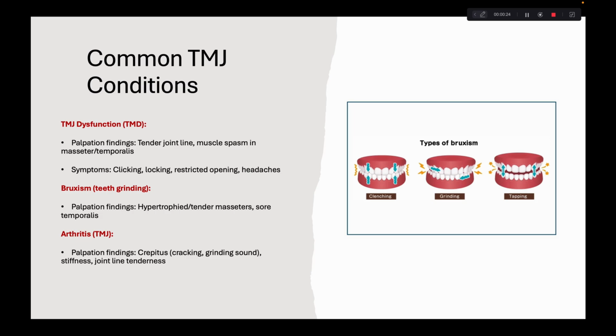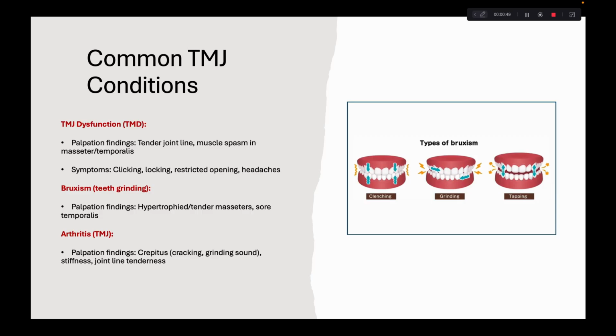Remember, a lot of TMJ dysfunction also causes tension in the neck and head muscles. Then we have bruxism. That is a fancy word for teeth grinding. During your palpation findings, you will find tense, tender, and sore muscles, specifically around the masseter and temporalis muscles.